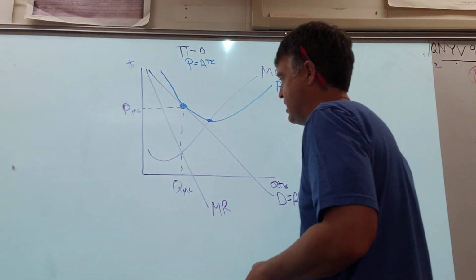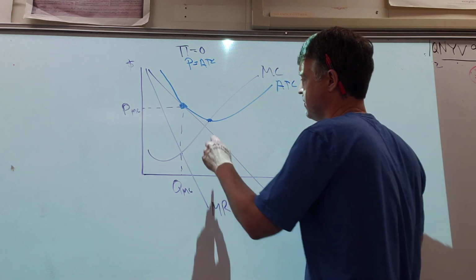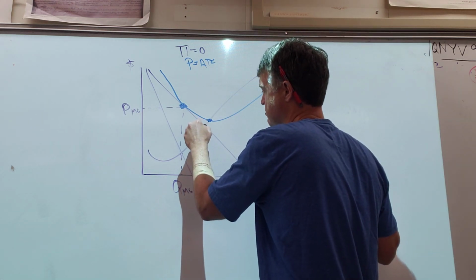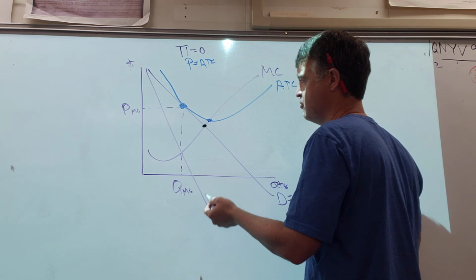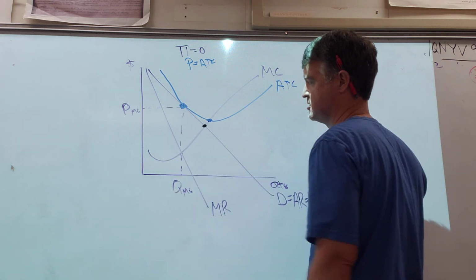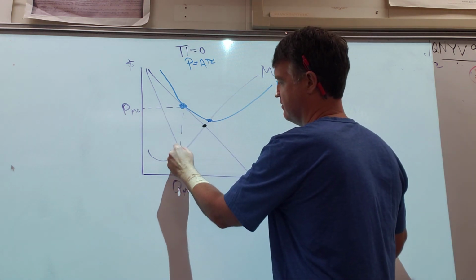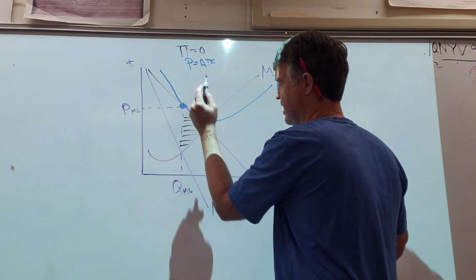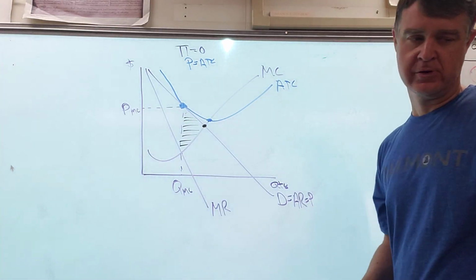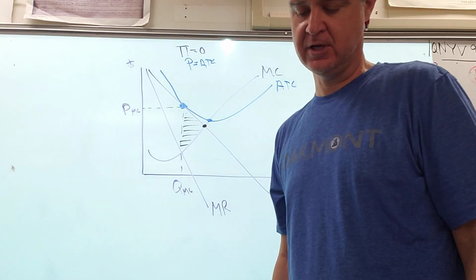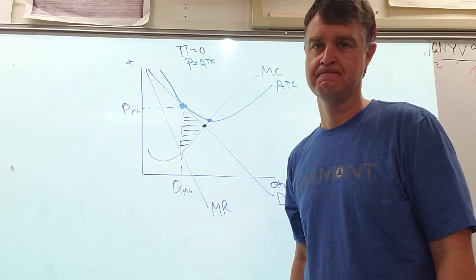As soon as you see allocatively efficient, think P equals MC. No, because it's not producing where P equals MC. In fact, it has all that deadweight loss right there.